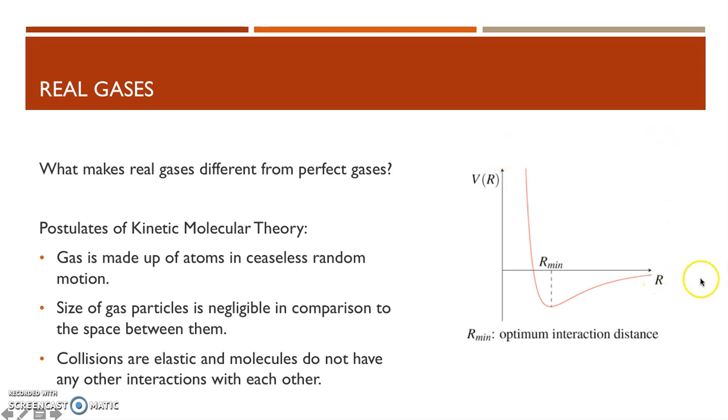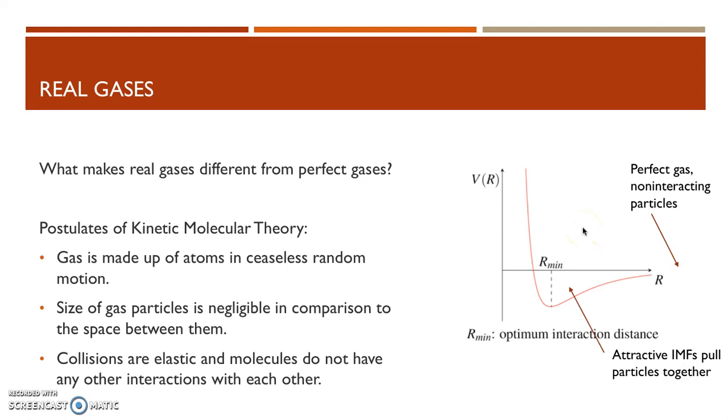If you're way out here where the distance between particles is super far apart and they're not going to interact, then this is where you've got your perfect gases. As you start to compress that gas, you increase the pressure. Particles become closer to each other, and intermolecular forces will appear. Those intermolecular forces pull particles together, and the volume of a real gas is going to be less than the volume of a perfect gas.